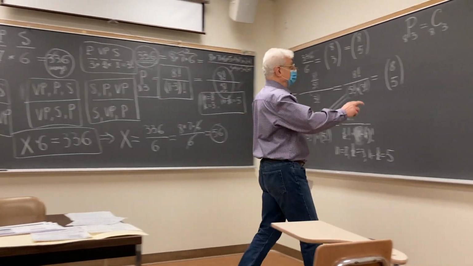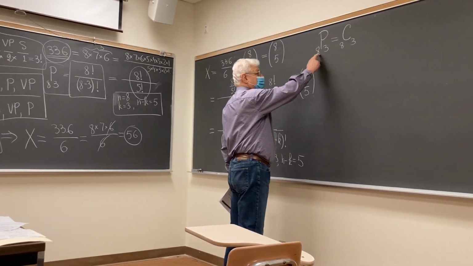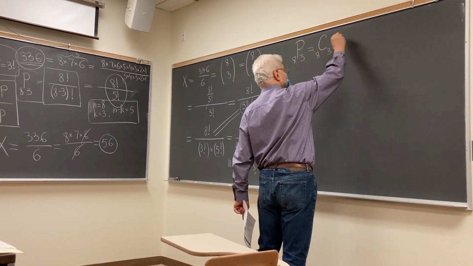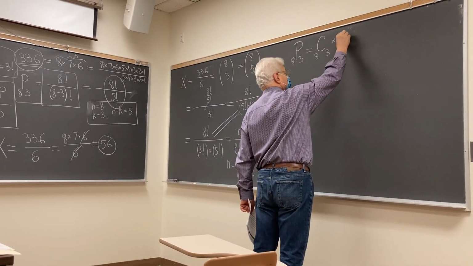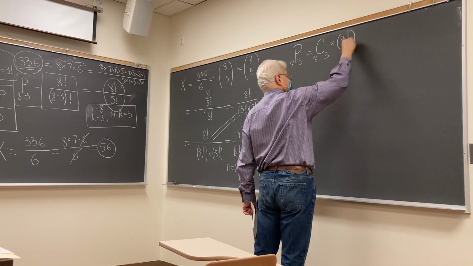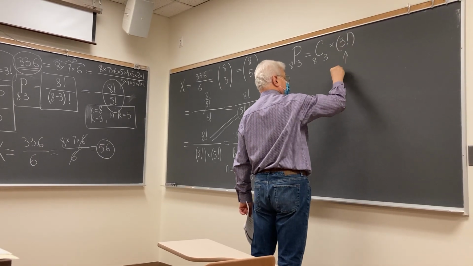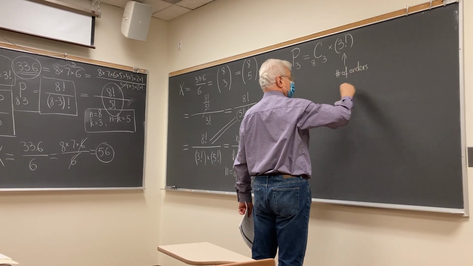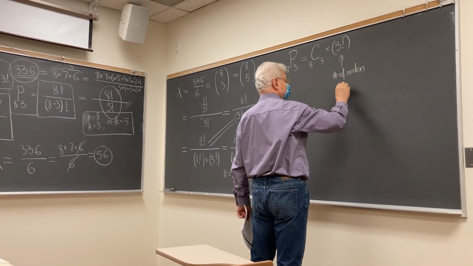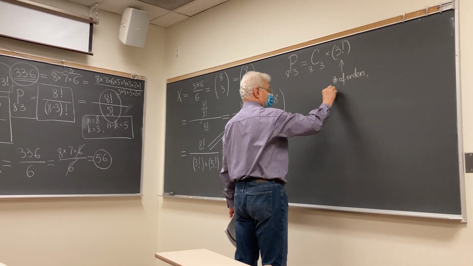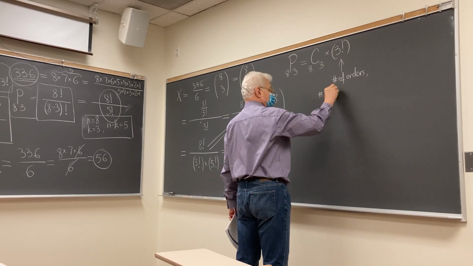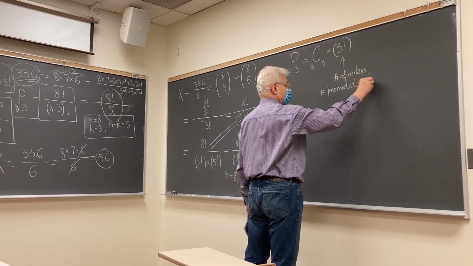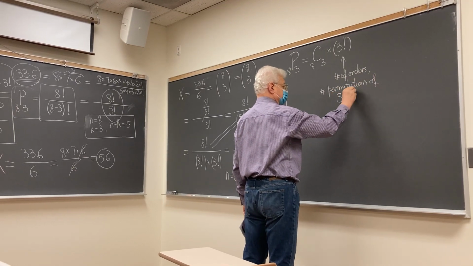So in this number, order is important. If order is not important, we have to multiply by the number of orders, which is 3 factorial. This is the number of orders, or arrangements, permutations, the number of permutations of 3 objects.